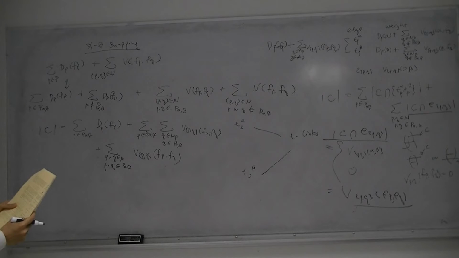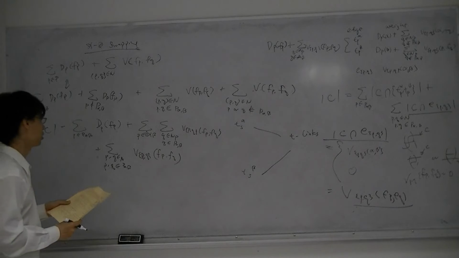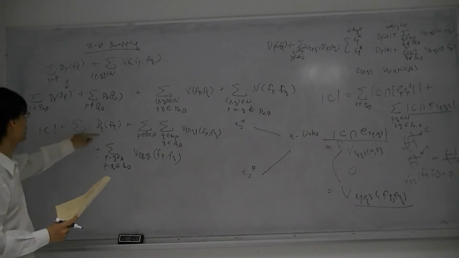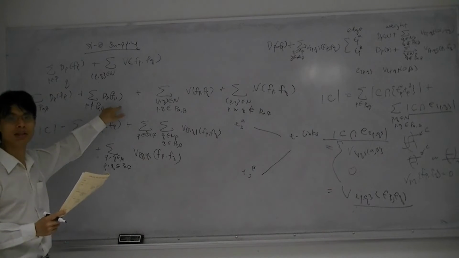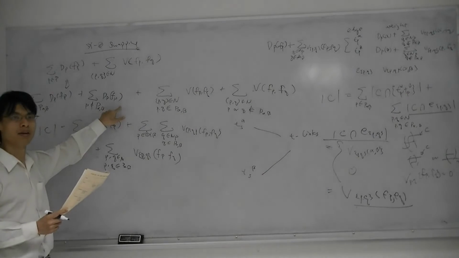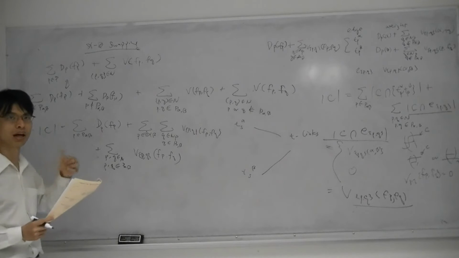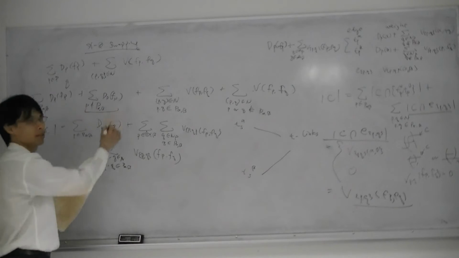I hope you see what's important is that this basically includes all the terms that are relevant to alpha and beta. Of course, it doesn't include all the terms, for example, these terms here.